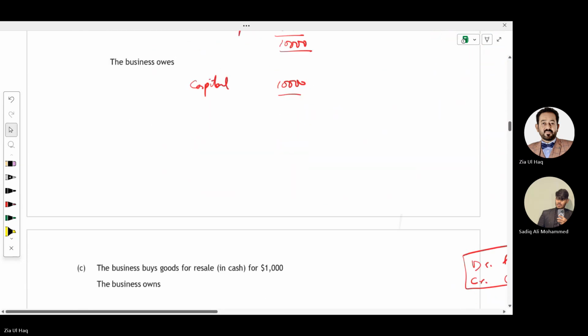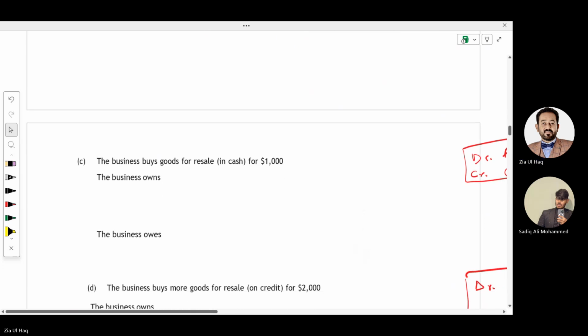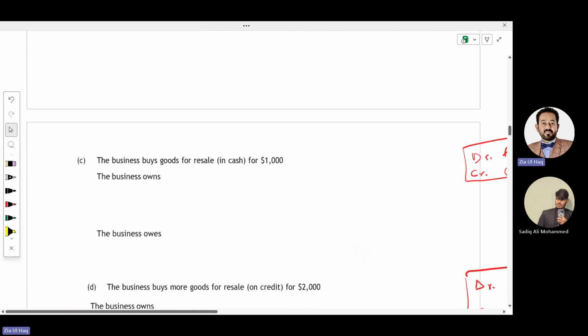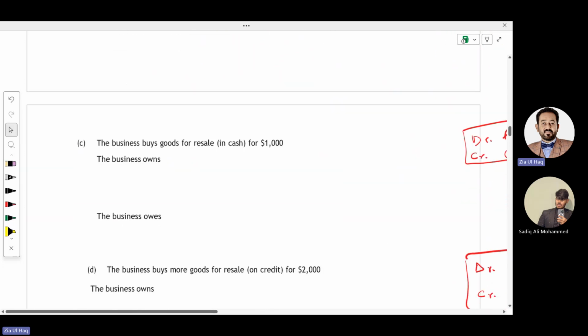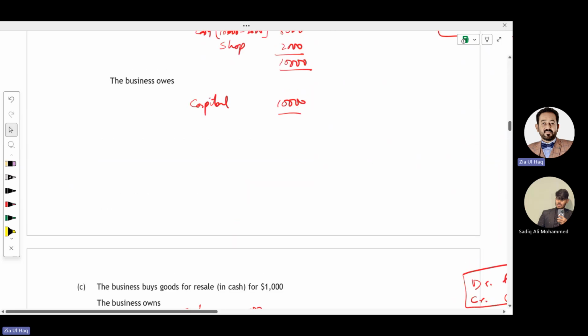Now see. The business buys goods for resale in cash for 1,000, from cash. How much cash is the business having? 8,000. Now the business will own cash of 7,000, and a shop of 2,000.